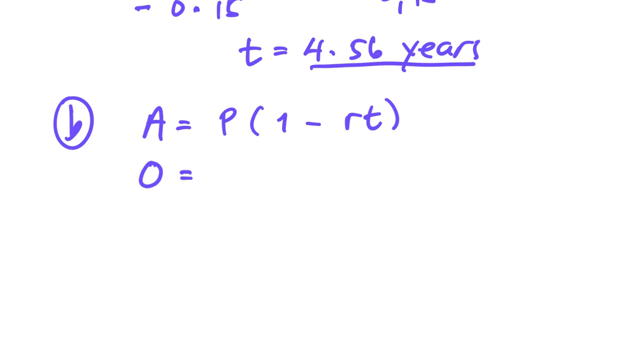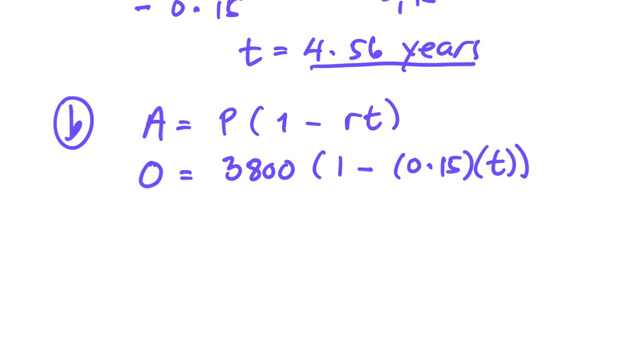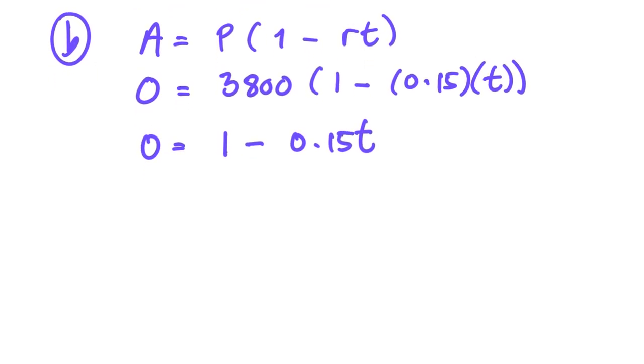Then our principal here is 3,800 multiplied by 1 minus 0.15 multiplied by your T again. Okay, dividing both by 3,800, here it's going to give you 0. And here what is left is 1 minus 0.15t. Okay, the same thing we did earlier.